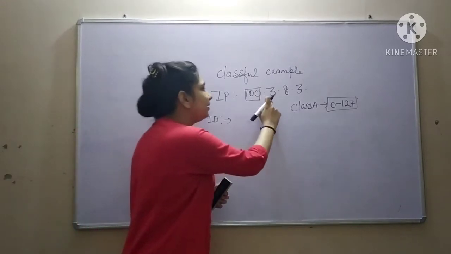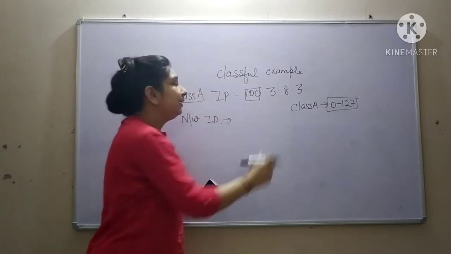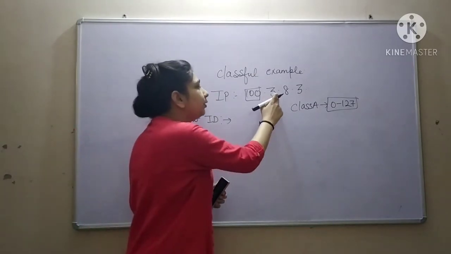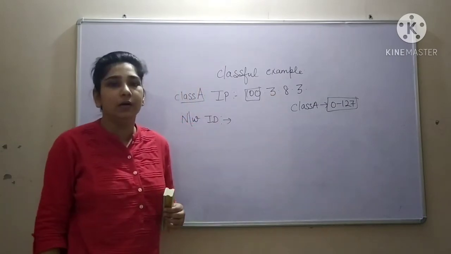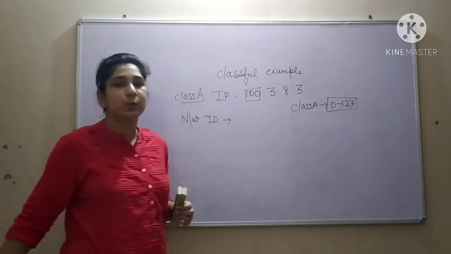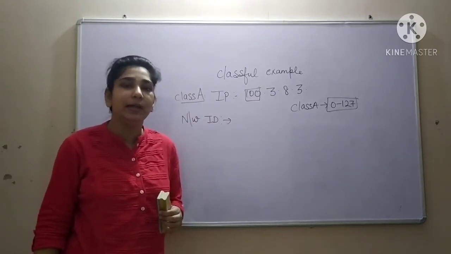Actually this is not a network ID. It is an IP address of some device which belongs to some network. So we have to find the network ID of that particular network.